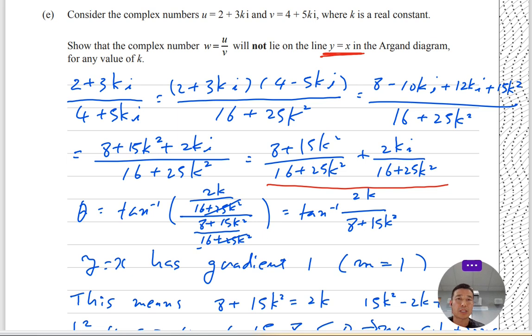So that means because this real part is a and imaginary part is b, so tangent inverse b over a is theta. So 2k over 16 plus 25k squared over 8 plus 15k squared over 16 plus 25k squared. I simplified, so 2k over 8 plus 15k squared.